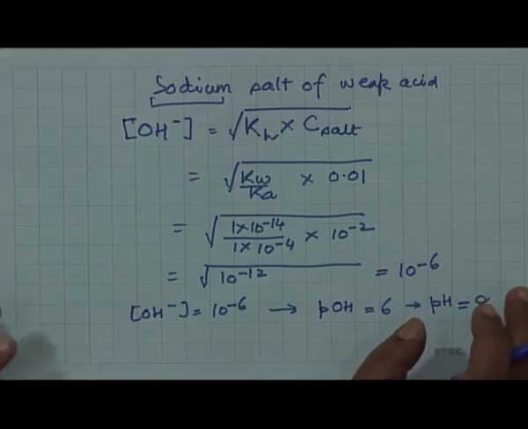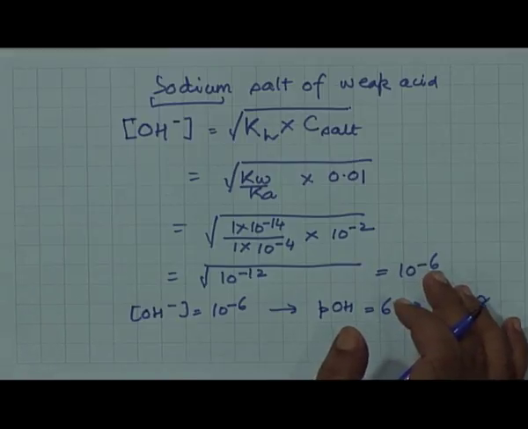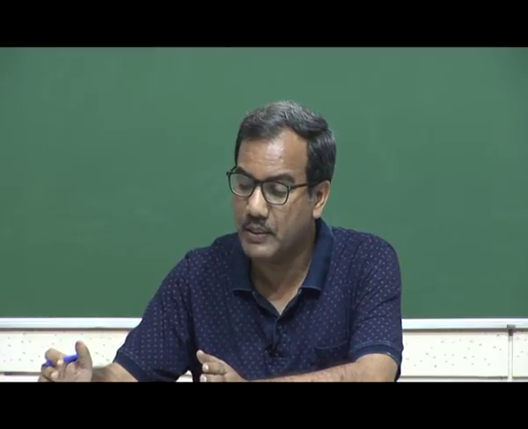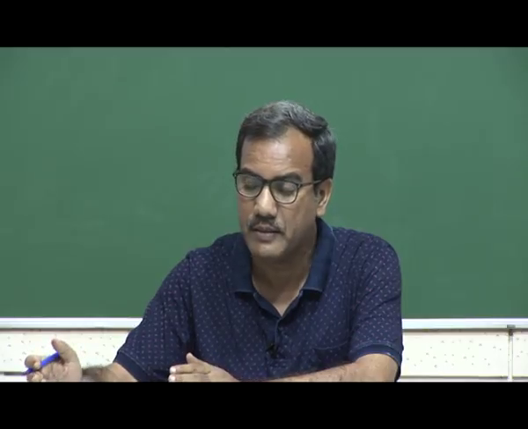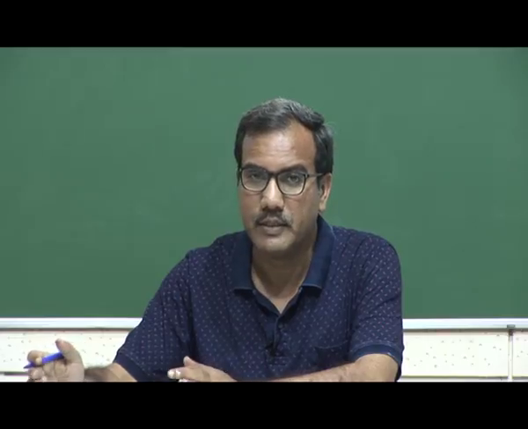It is very easy. First thing you have to decide whether salt is of a strong acid and weak base, or weak acid and a strong base. Salt can be between a strong acid and a strong base, which we have already discussed, and salt can be between weak acid and weak base.